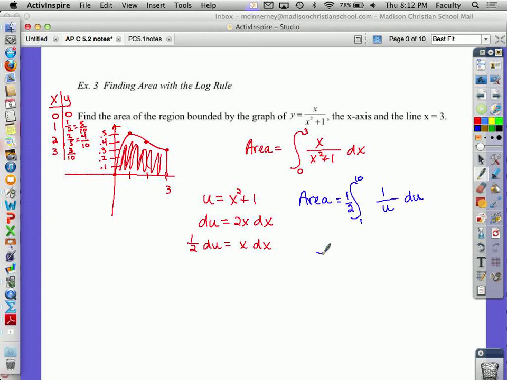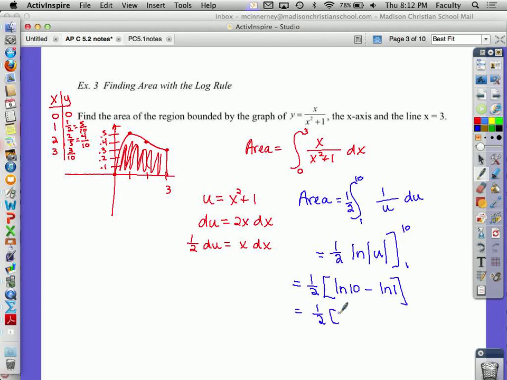So this is not bad. So I get 1/2 the natural log, the absolute value of u, and I'm going to evaluate from 1 to 10. So this will be 1/2, and because 10 is positive, I don't need the absolute value, and 1 is positive, so I don't need an absolute value here and here.